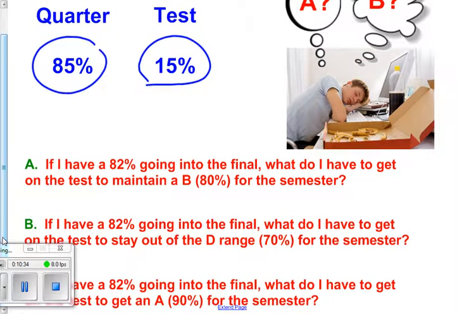So, if you have an 82% going into the final, what would you have to get on the final test to maintain a B for the semester? Does anyone think they can do it in their head? Yes, I can. You would have to get 2%. Well, let's look at how to solve it.